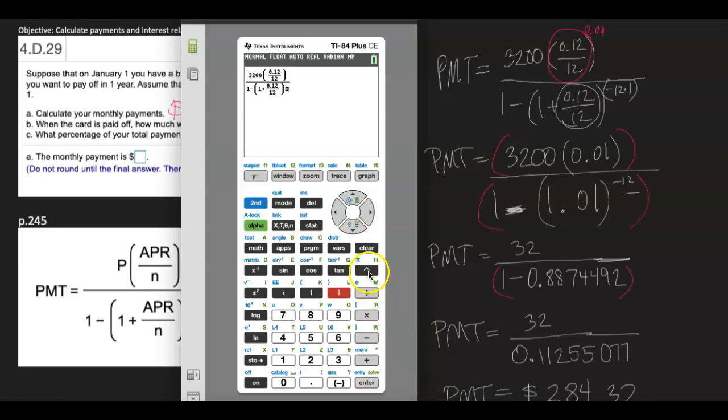And then that is raised to the negative 12, hang on, negative 12, I was typing the minus sign, that is a difference there, times 1. I guess I really didn't need that, but that's a quicker way to get to that payment amount. And I really like that feature. It gives us the chance to really compare the way the formula is written to the way the calculator has it.